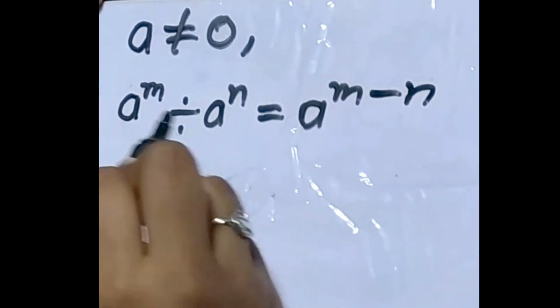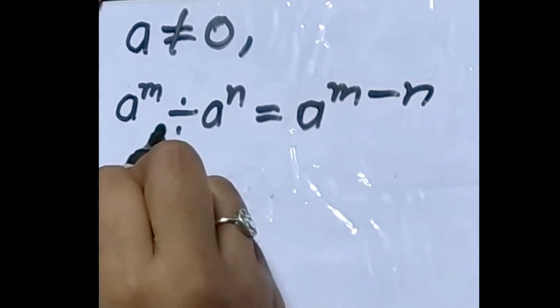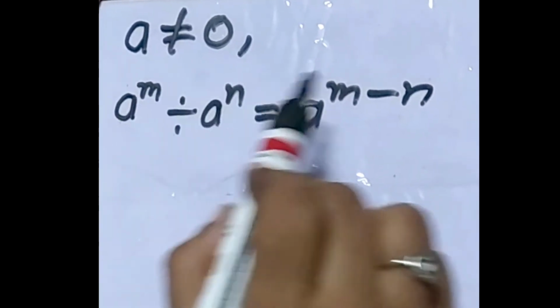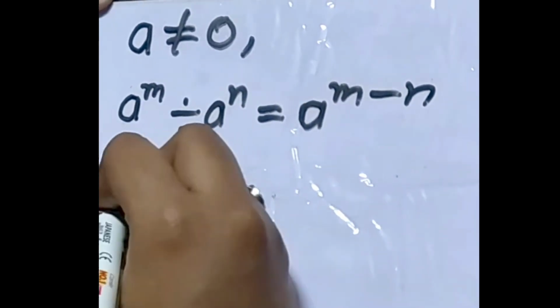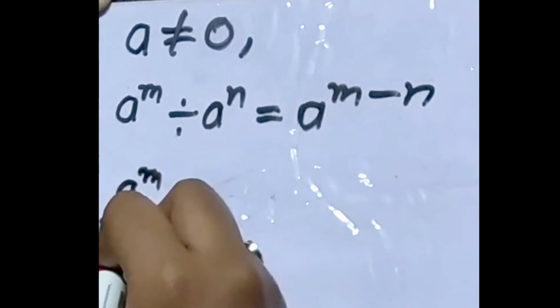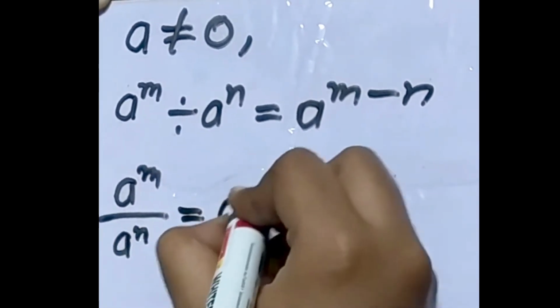Okay, now see here both the bases are the same and there is a division sign. That means we can subtract.